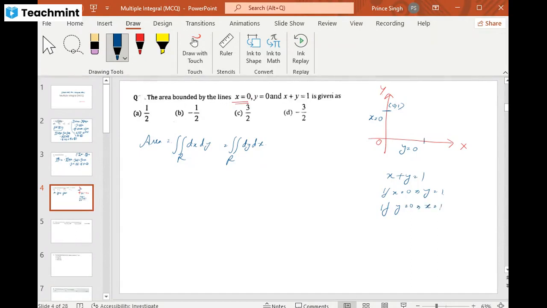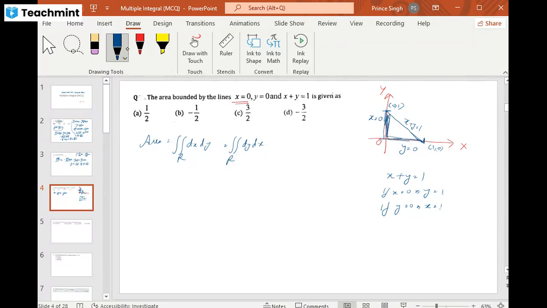So it will intersect the x-axis at the point 1 comma 0. If we join them, this gives us the line x plus y equal to 1. This is the triangular region, and I want to find out the area bounded by this region.